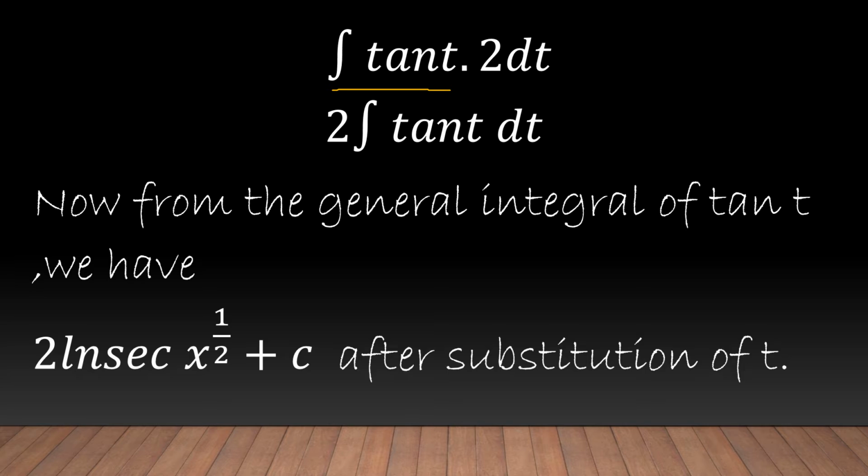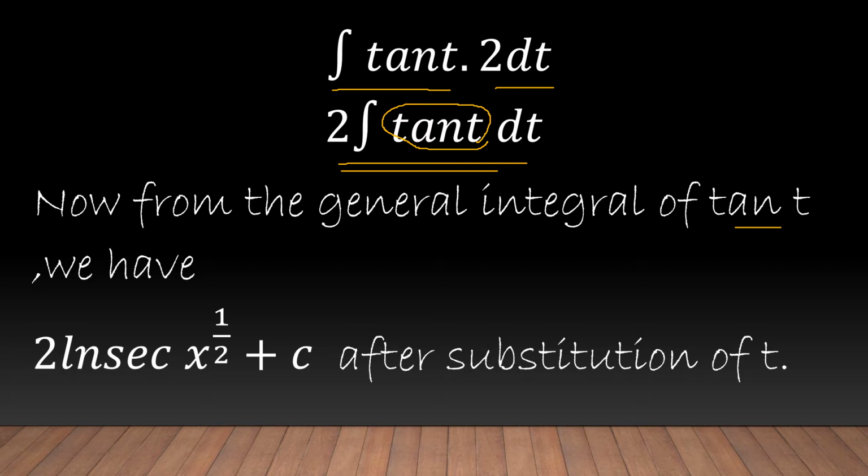integral of tan t by 2t, which was x over root x. So that we can now be left with a simplified form of this, 2 tan t dt, which we can be able to integrate. We know this one from our general integral.